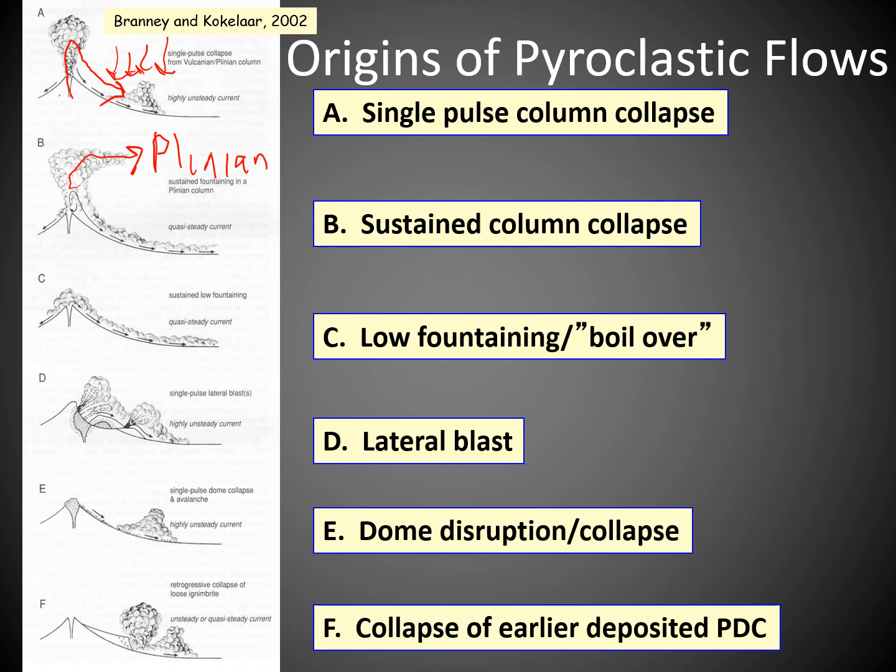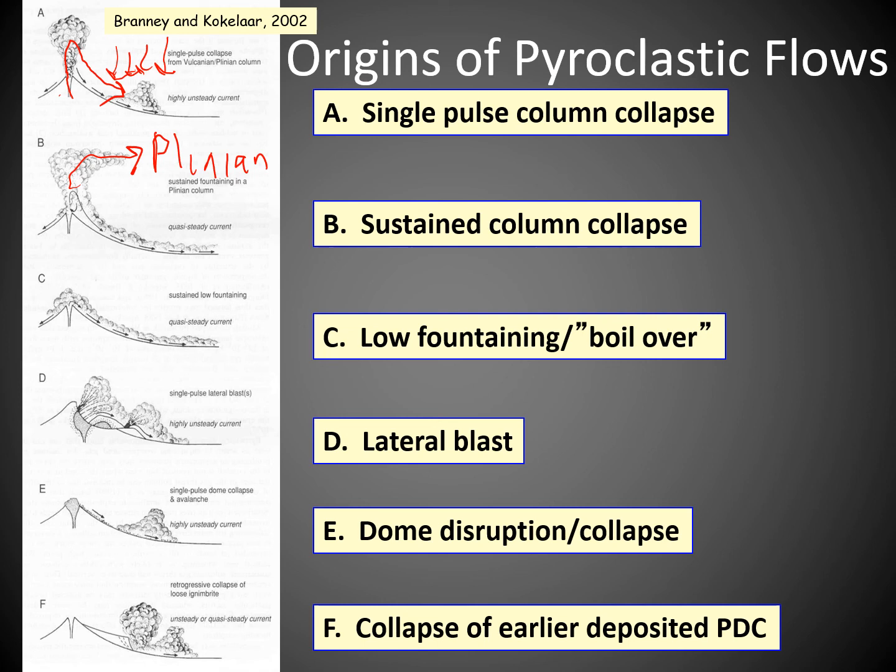The third one is kind of a case like the second one, but in the case of the third one, there's never enough gas thrust to get stuff to go up very high. It just sort of bubbles out. It fragments, but there's just not enough gas, or the vent is too wide, and there's just not enough force inside the vent to throw this material up very high.